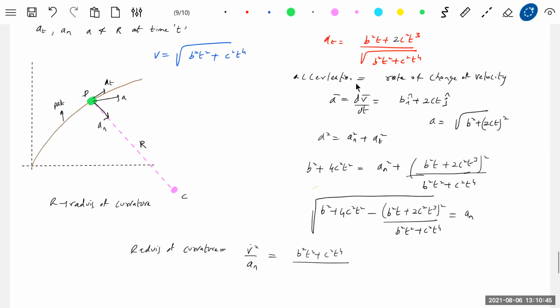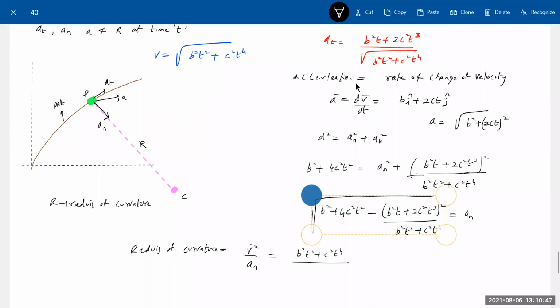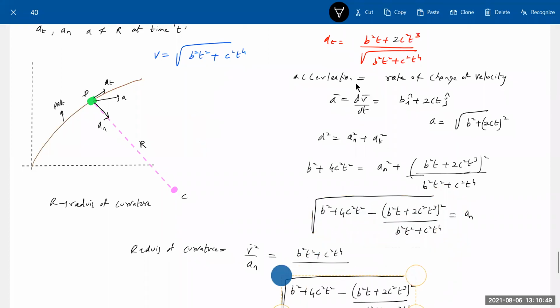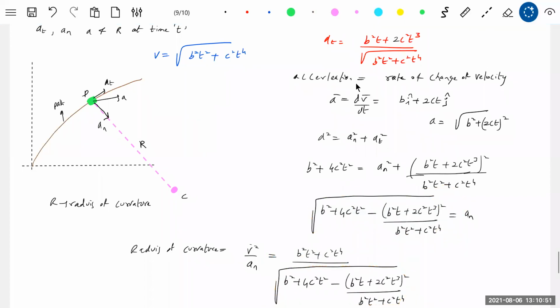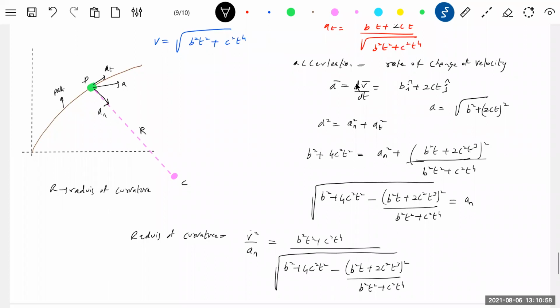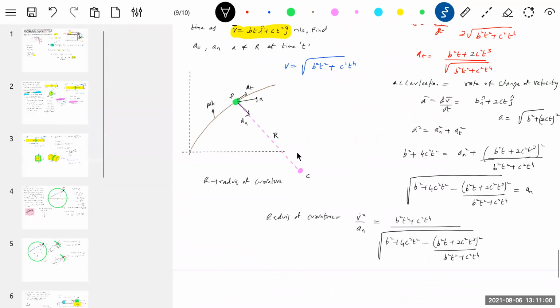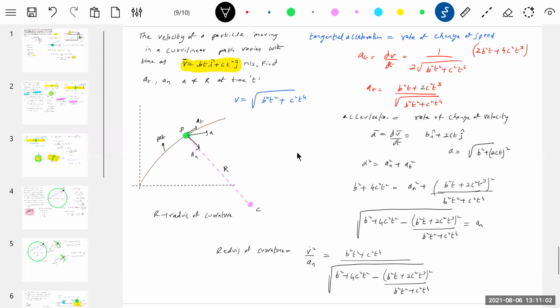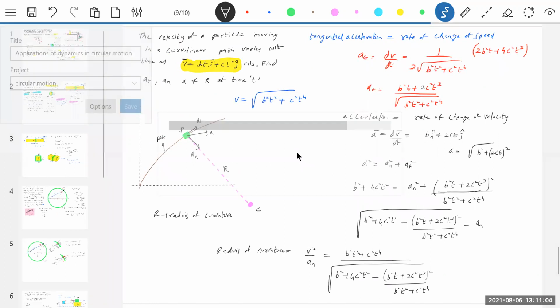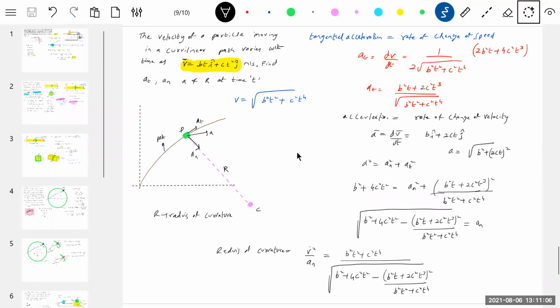This is complete. Don't get scared by the lengthy working; maybe some small ideas are there. So if a body moves in some curved path, there's a method we can apply here.